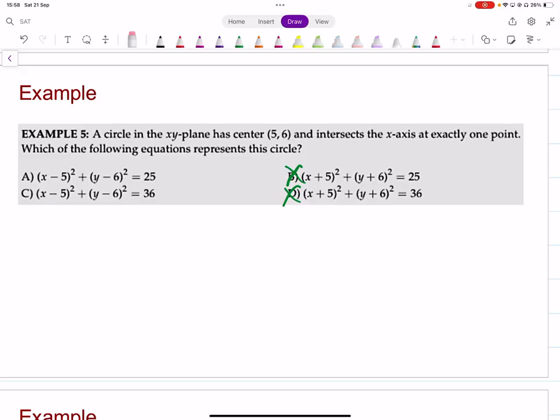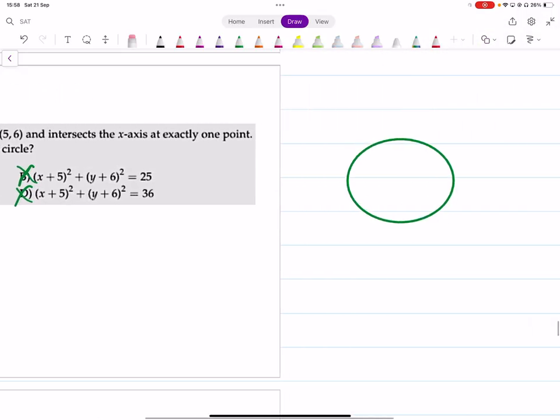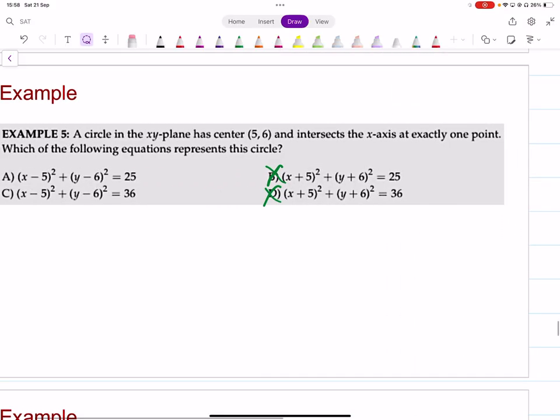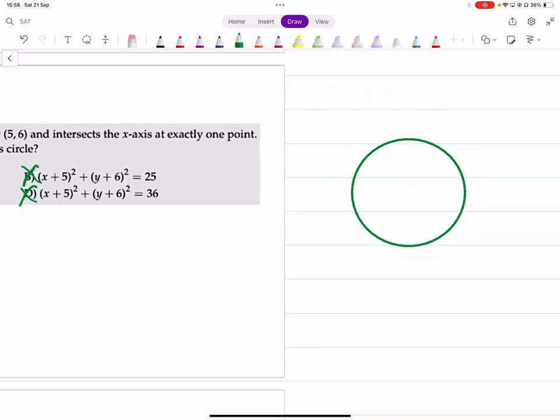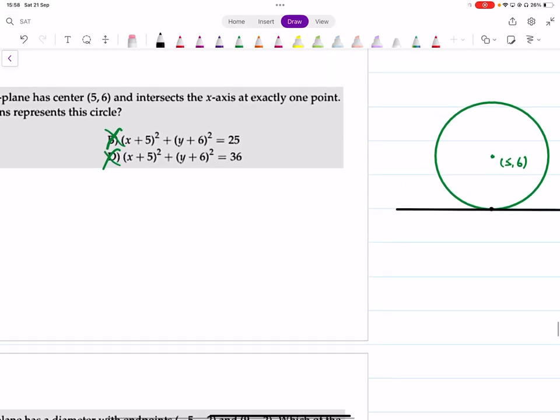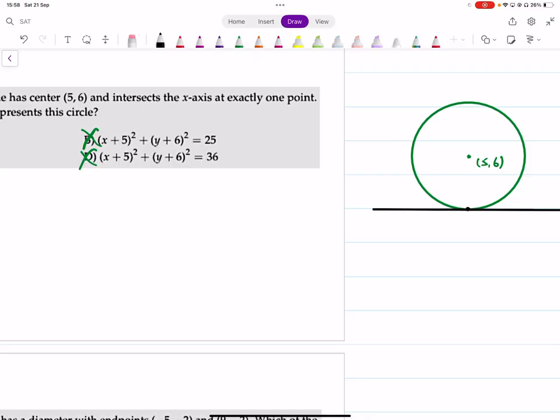What do you think? It touches the x-axis at only one point. Think about it. You have a circle. Where is the center of the circle? 5, 6. Center is at 5, 6. And there is the x-axis here. X-axis looks like this. We don't know the equation, so how do we find the x-intercept? This is the situation. We have the center and it just touches the x-axis.